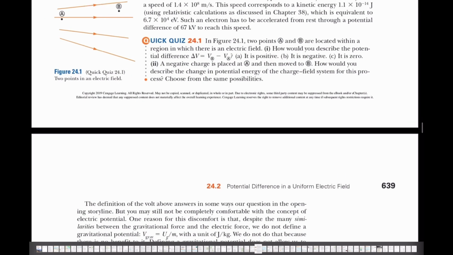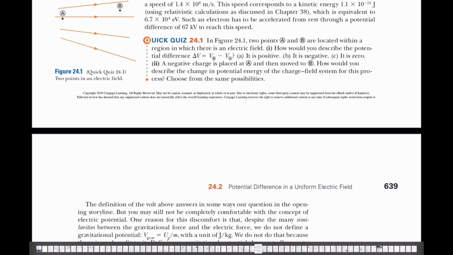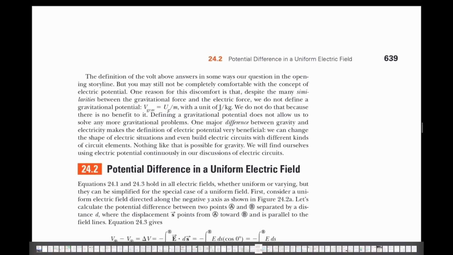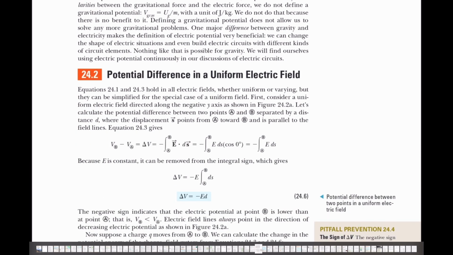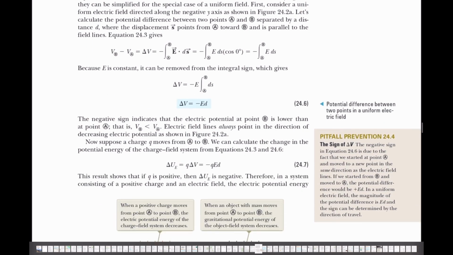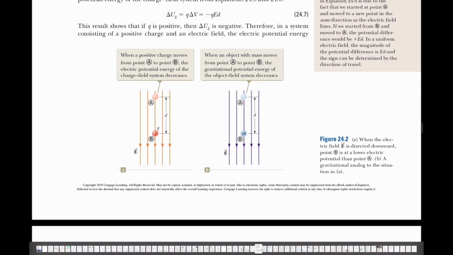So what I wanted to end off here, just to piece all of this together, is that in this next chapter, they calculate the electric potential due to various charge distributions. So here what they have is a constant electric field. Let's say we have some plates like this, and they are charged oppositely.